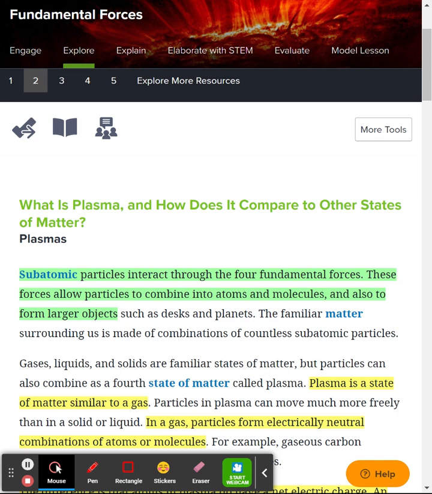Okay, so you already know you should be thinking to yourself solids, liquids, gases, the states of matter you're most familiar with. Perhaps you are aware of plasma as being a fourth state of matter. So, what makes it different from your solids, liquids, and gases?